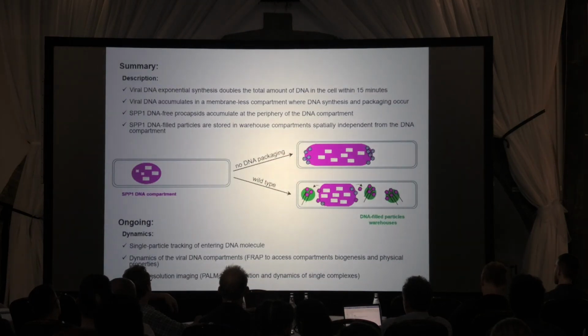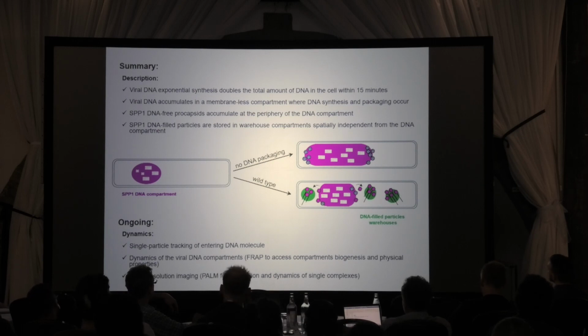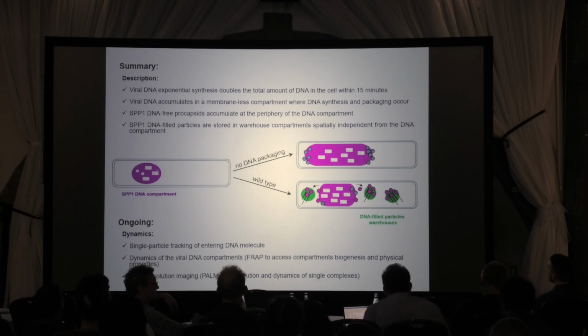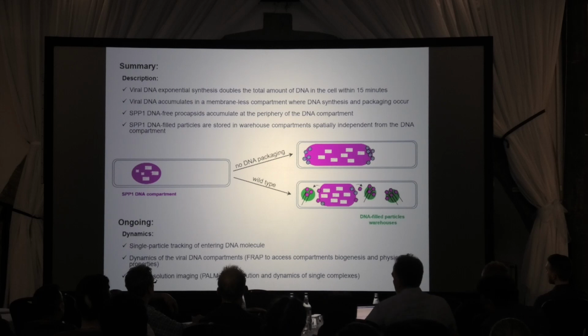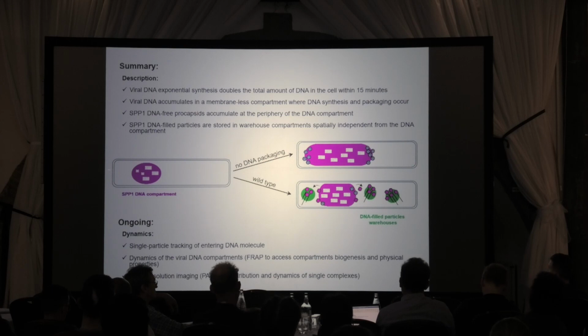So to summarize what we observed, this is essentially the description of how the phage is compartmentalizing the cell during infection. It doubles the total amount of DNA in the cell. This goes into a defined focus in the cell, which would be expected. I mean, all these different concatemers get together in a defined position.